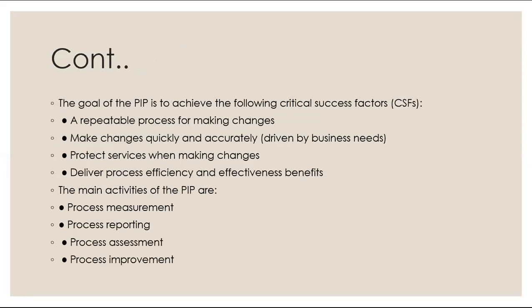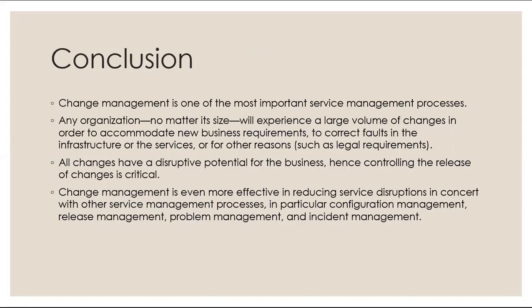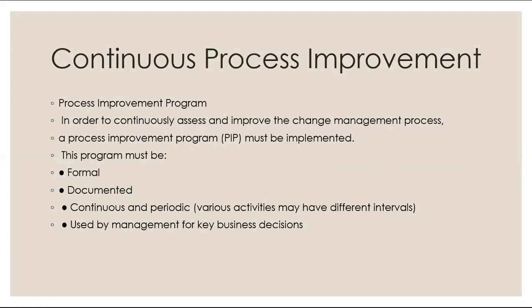Continuous improvement is basically a process improvement program in order to continuously assess and improve the change management process. A process improvement program must be implemented, and this program is formally documented, continuous, and used by the management for key business decisions.